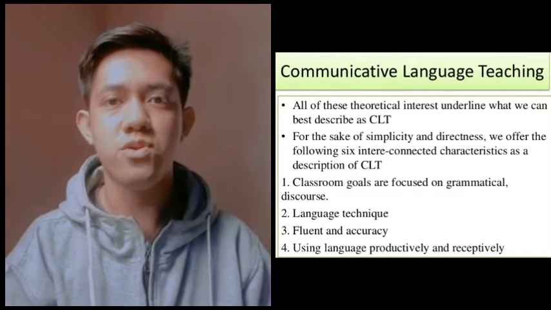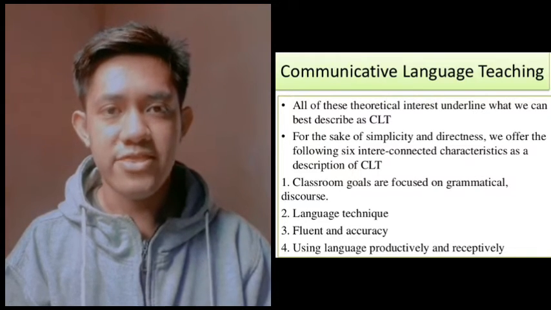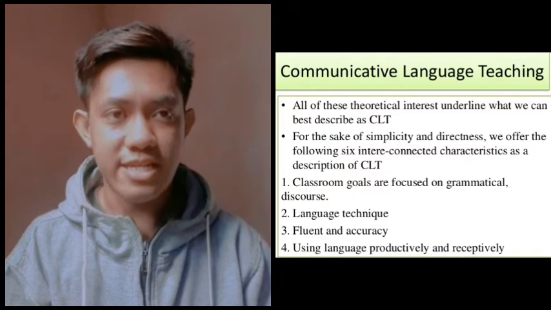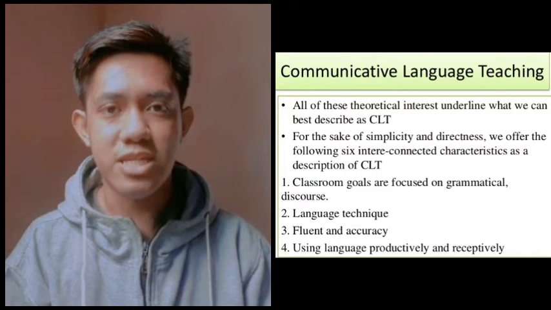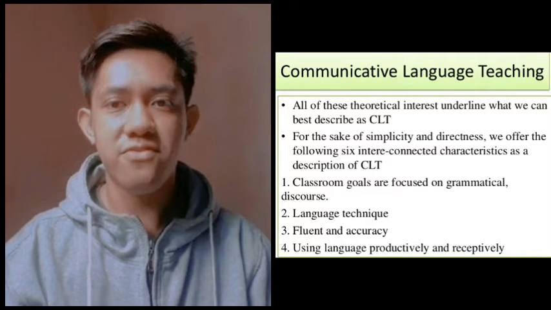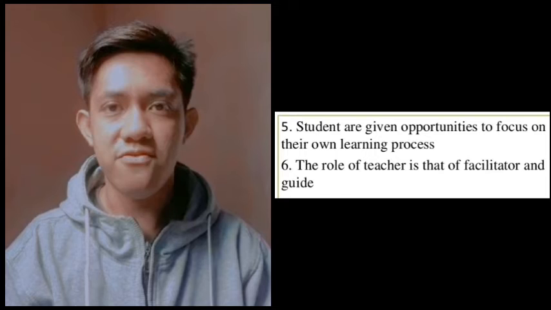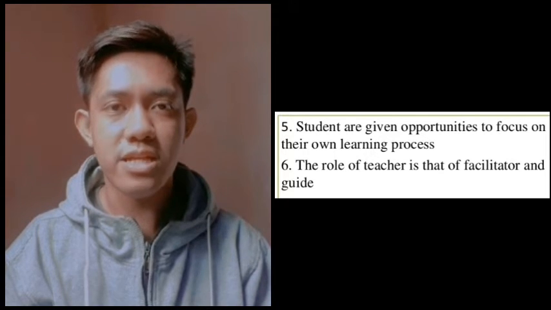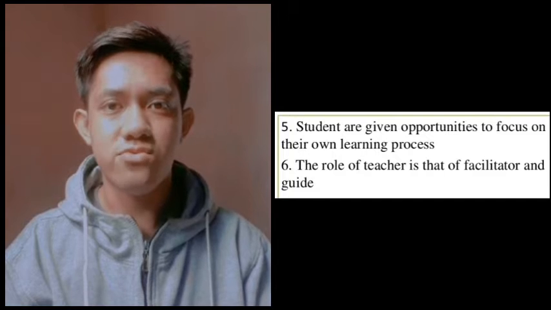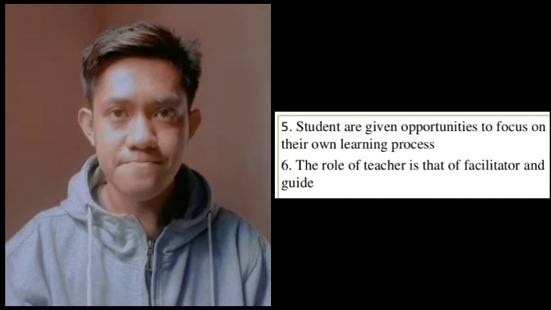The first is classroom goals are focused on grammatical discourse. The second is language technique, the third is fluency and accuracy, and the fourth is using language productively and receptively. The fifth is students are given opportunities to focus on their own learning process, and the sixth is the role of the teacher is that of facilitator and guide.